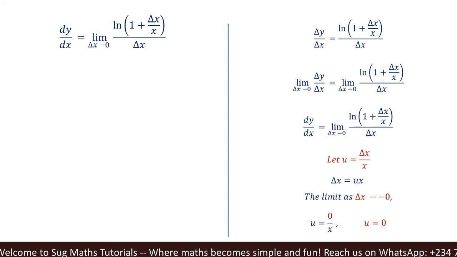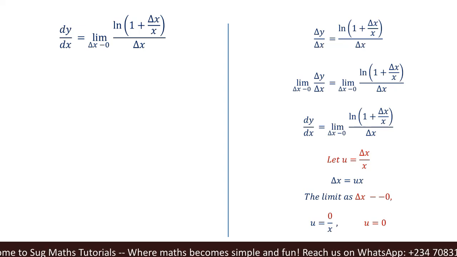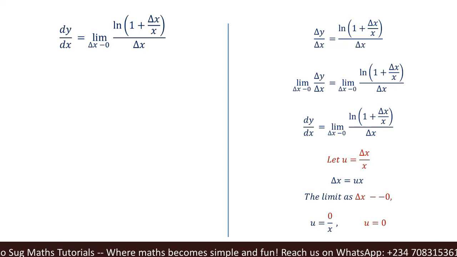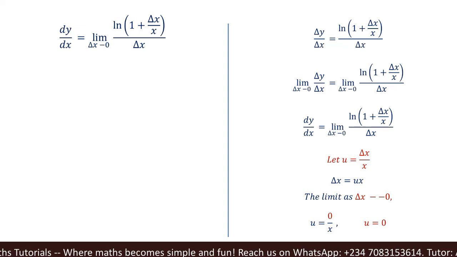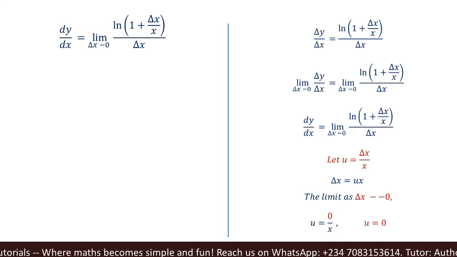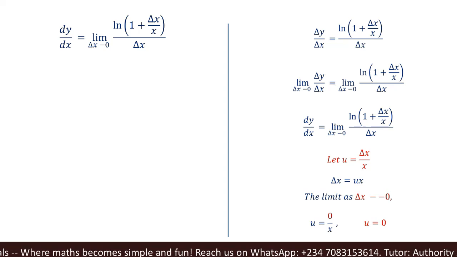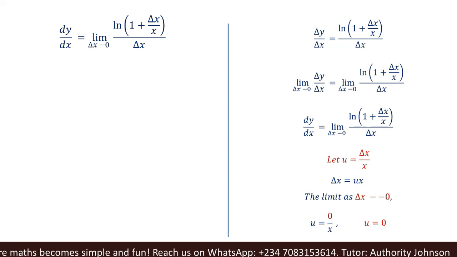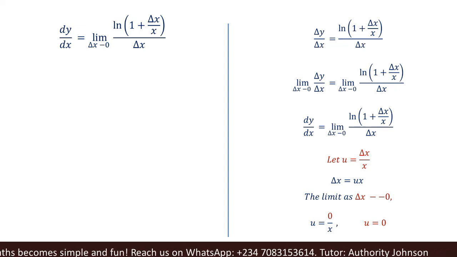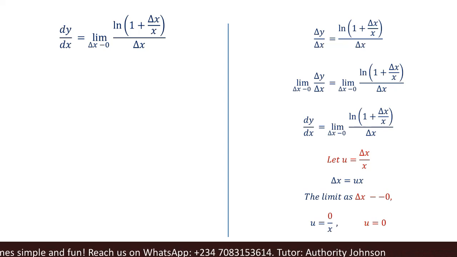We want to make a simple substitution: anywhere we see change in x all over x, we're going to write the value u. Let's cross multiply. When we cross multiply, we see that change in x is equal to ux, meaning that anywhere we see change in x all over x, we're going to write u, and anywhere we see change in x, we're going to write ux.